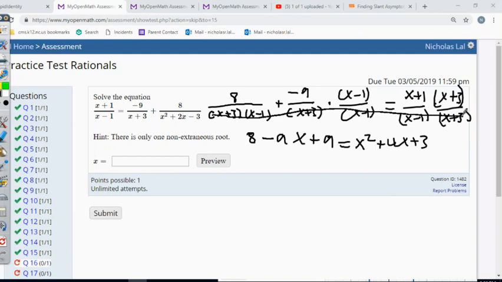Cancel these out with the understanding that x cannot equal -3 and x cannot equal +1. X squared plus 13x. 3 minus 9 is -6, minus 8 is -14.